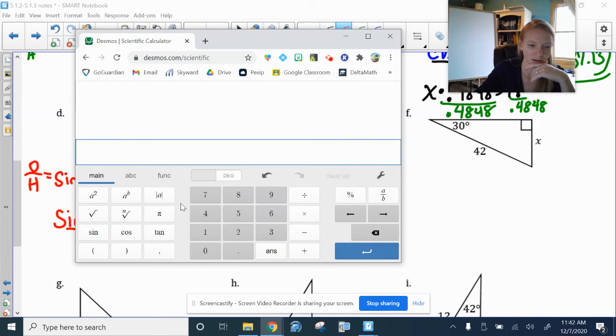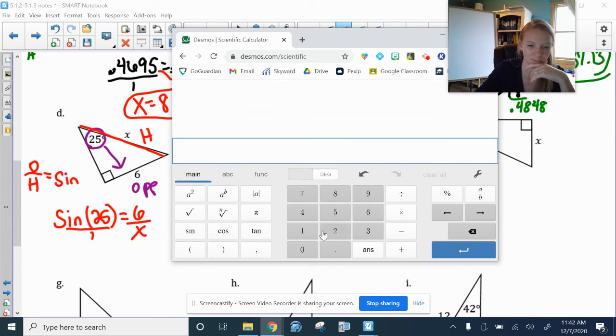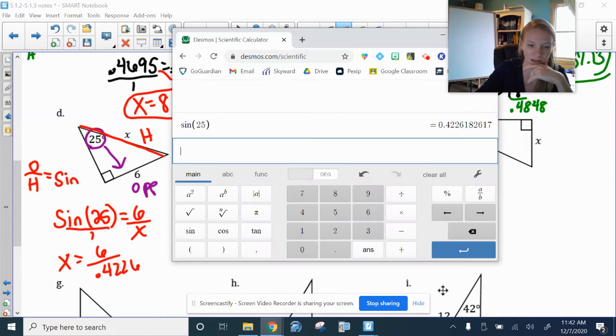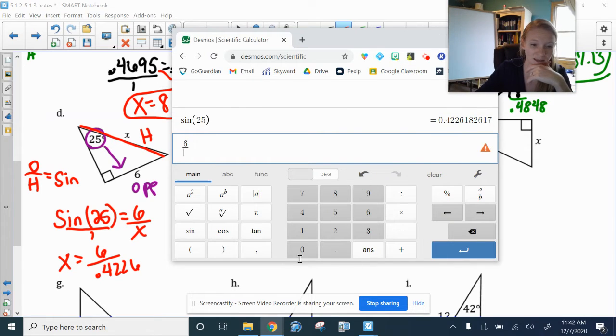Let me clear all this out. I've got to figure out my sine of 25, which gives me about 0.4226. And I know I'm going to have to divide after I do all my cross multiplying and everything. So I'm going to type that into my calculator. Here again, you could just divide by the sine of 25.